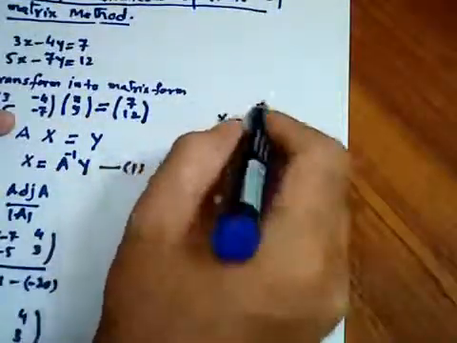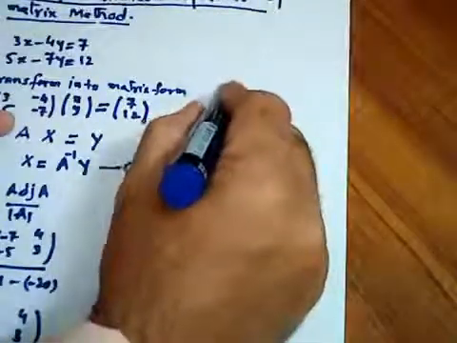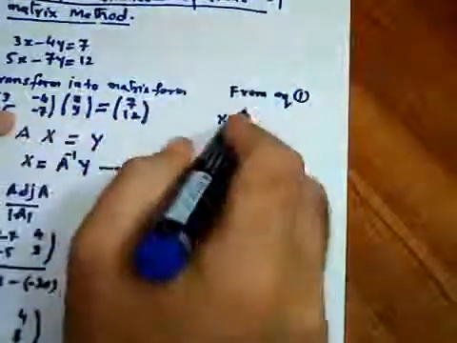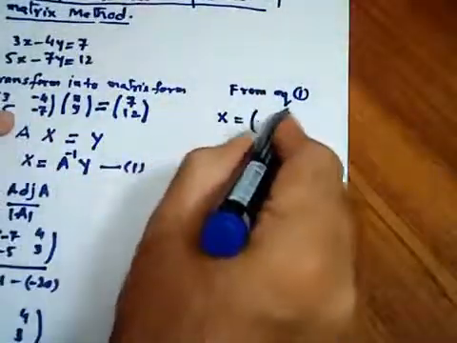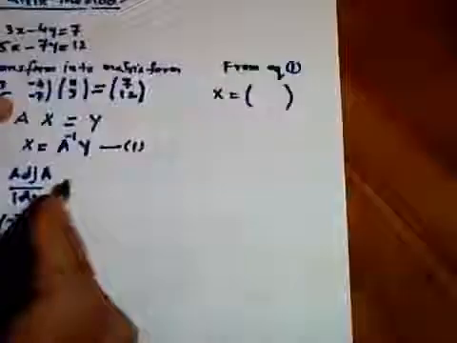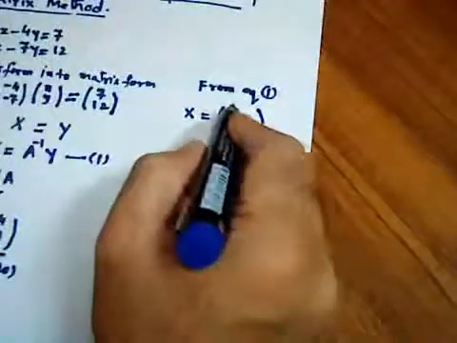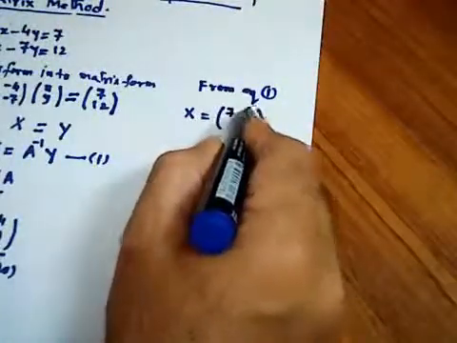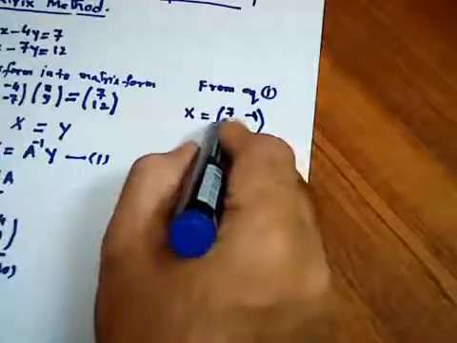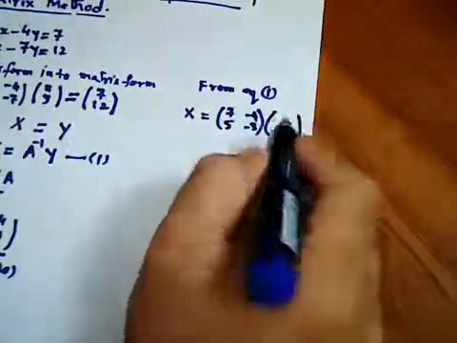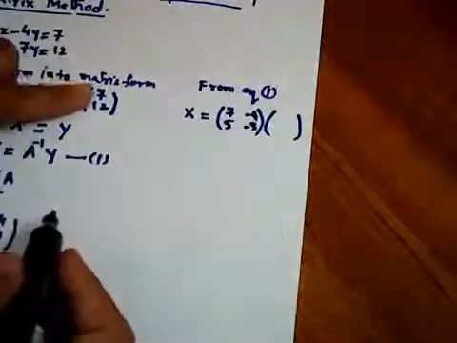So how to multiply them? First row multiplies with first column. So 7 multiplied by 7 is 49, and -4 into 12 is -48, and next is 5 into 7 is 35, and -3 multiplied by 12 is -36. So X equals 1, -1.